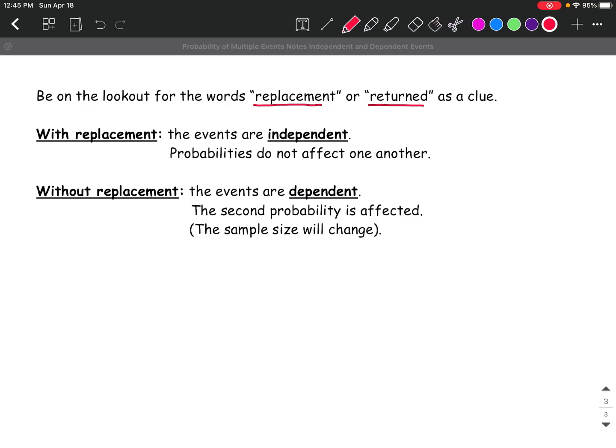The second probability is affected. The sample size, at least the sample size will change, if not something else, okay? So look for the with replacement, independent events, and without replacement, it's dependent. That second probability is going to change.